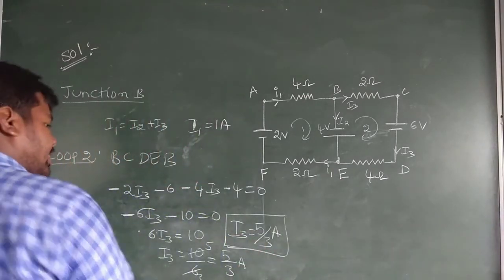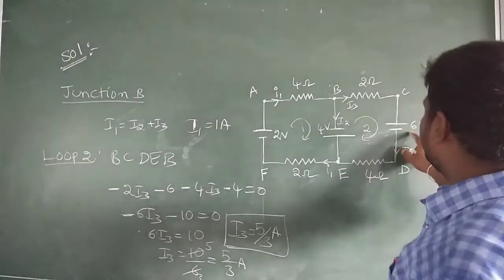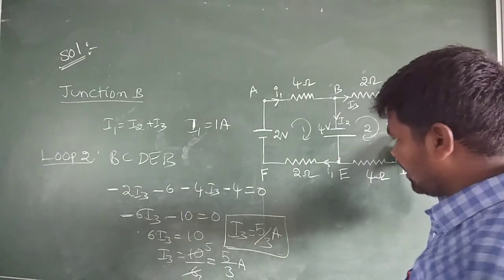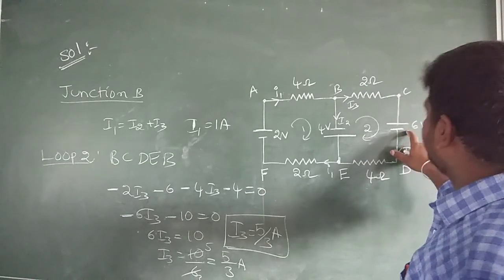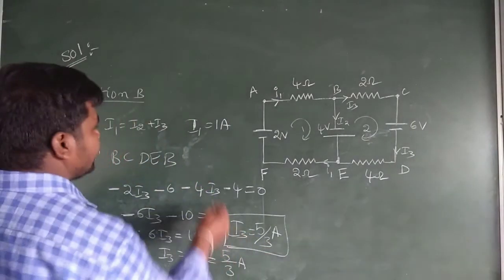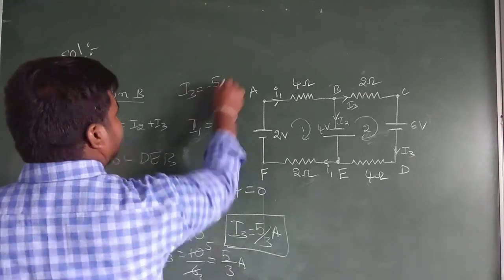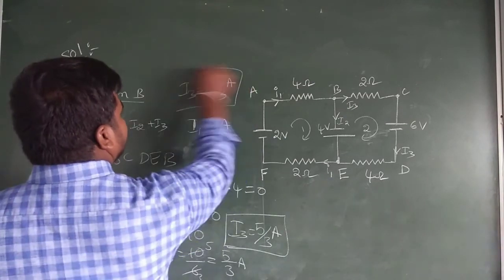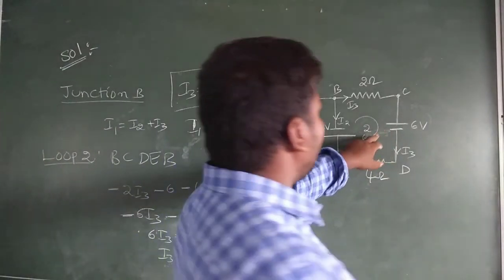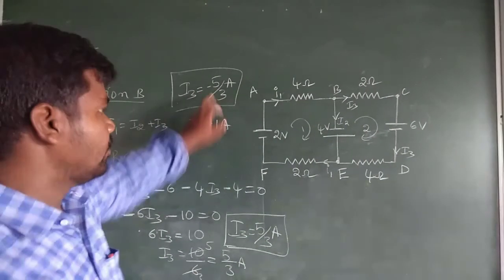Here this current is passing in the opposite direction of the 6 volt battery, so the I3 value is negative, minus 5 by 3 amperes, because the I3 direction is opposite to the 6 volt battery. That's why we take negative.